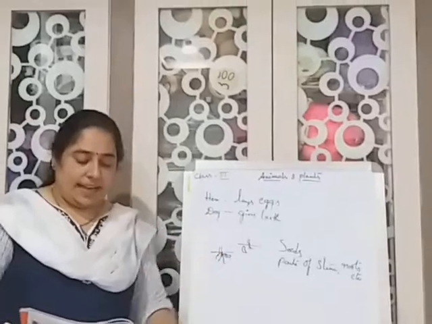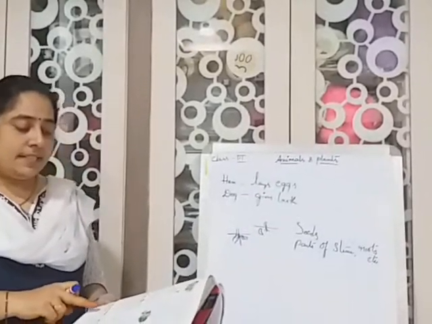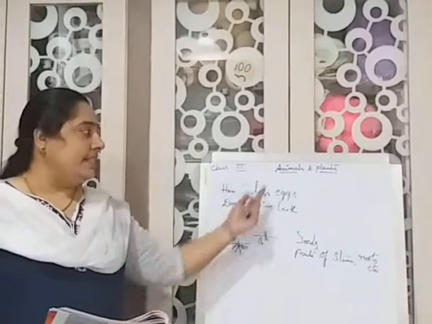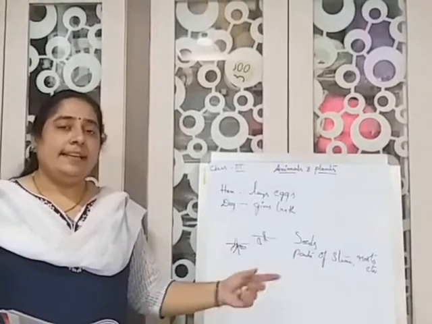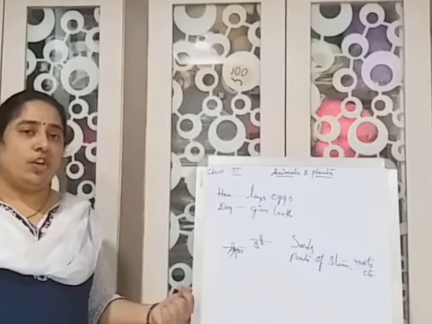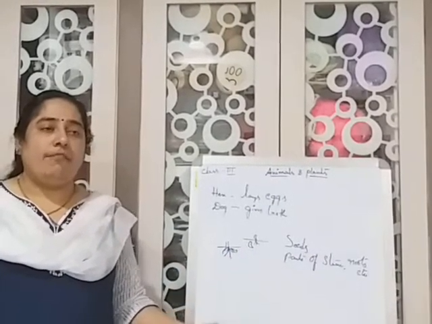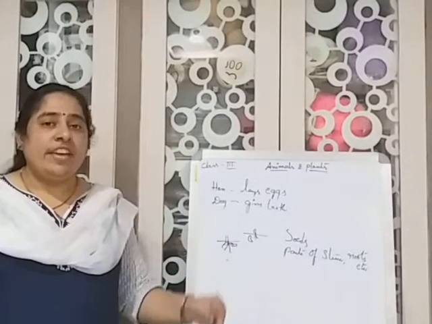Okay children? Like this. Animals and plants depend on each other. How will they be depending? I have told you in the previous class. Animals depend upon plants. Cows and buffaloes graze on the fields. Is it not?